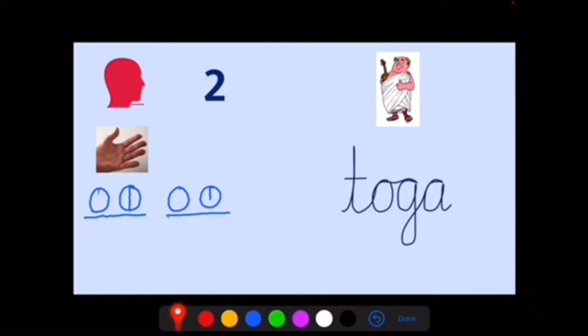We'll talk more about that in the next lesson. For now, well done on writing toga.